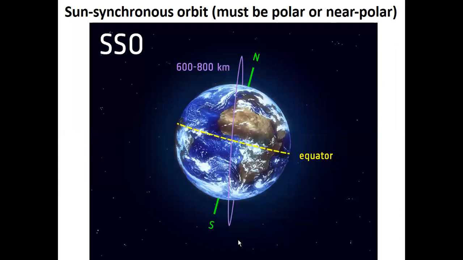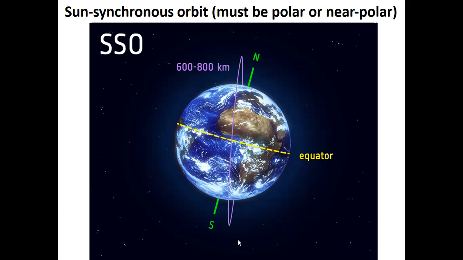The most common case, and actually very profitable for Earth observation, is to place the satellite in the so-called sun-synchronous orbit. It must be polar or near polar. And the trick is that the satellite is orbiting the Earth usually at a not very high altitude, like 600, 700, 800 kilometers.